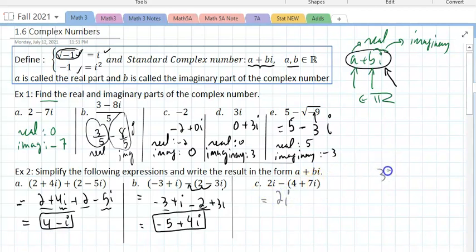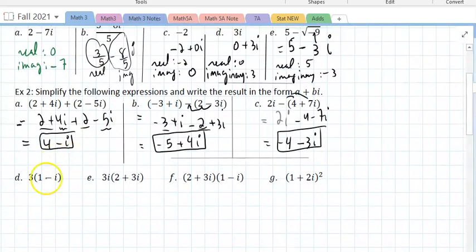Kind of like when you say 3x, you don't say x3, you could, but normally we write 3x. Again, the opposite is a negative 4 minus 7i. That would be a negative 4 minus 3i. So this section is straightforward for the most part.